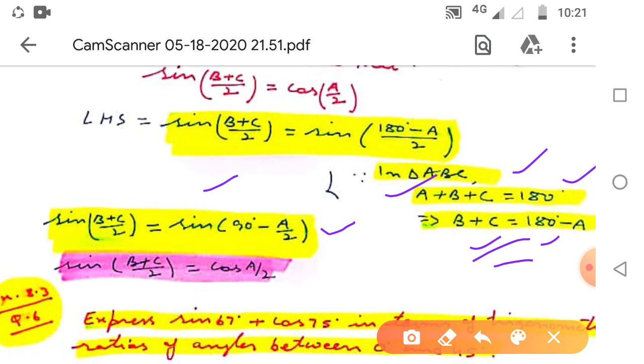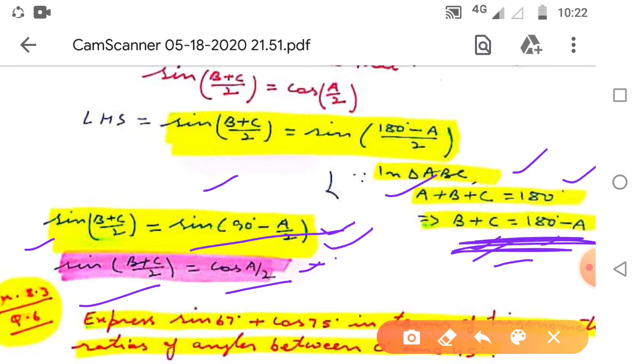So here sin((B plus C) by 2) is equal to sin(90 minus A by 2), but sin(90 minus theta) is equal to cos theta. So sin((B plus C) by 2) is equal to cos(A by 2), right? Because (B plus C) by 2 is equal to (180 minus A) by 2, and (180 minus A) by 2 is 90 minus A by 2 here. So sin((B plus C) by 2) is equal to sin(90 minus A by 2).